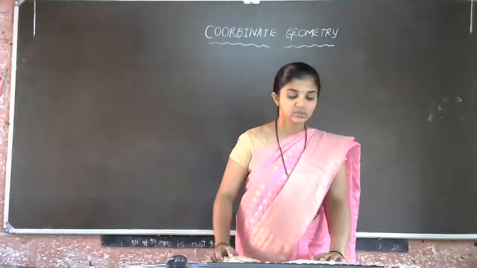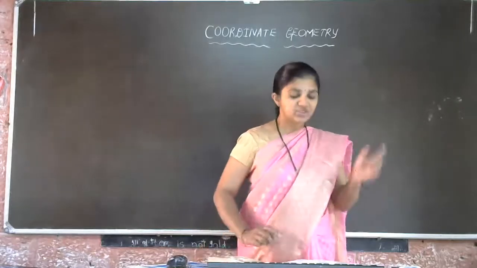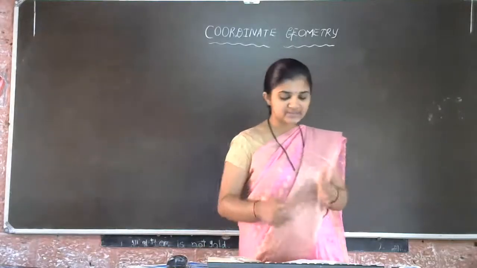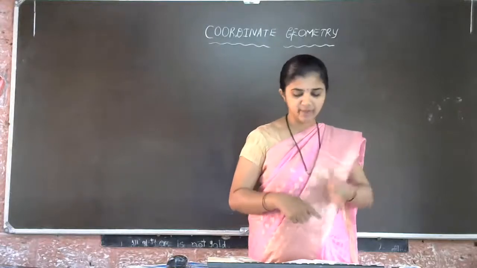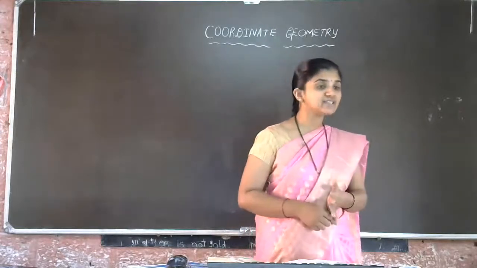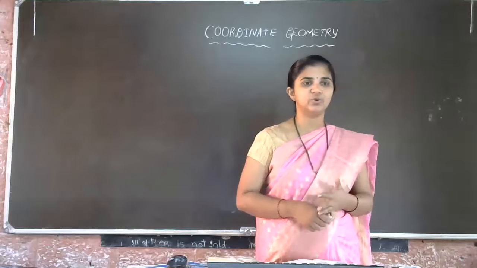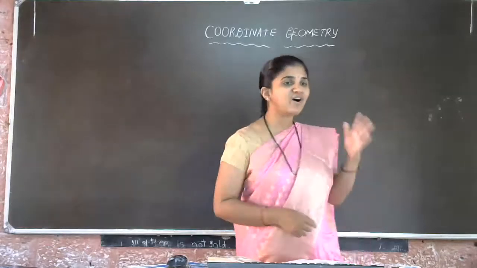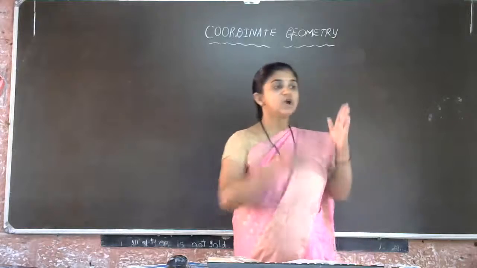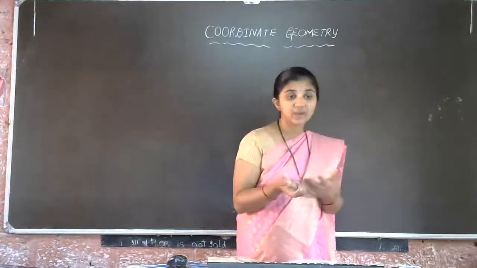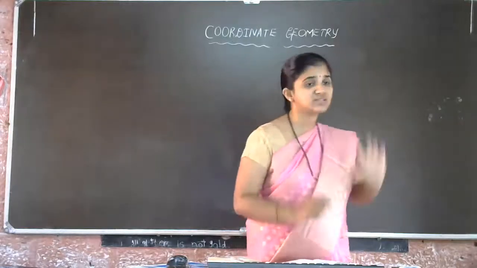So what we have to check? Square in the sense all the sides are equal. Now what we have to show is all sides' measurement is equal, in the sense we have to find the distance of each side.